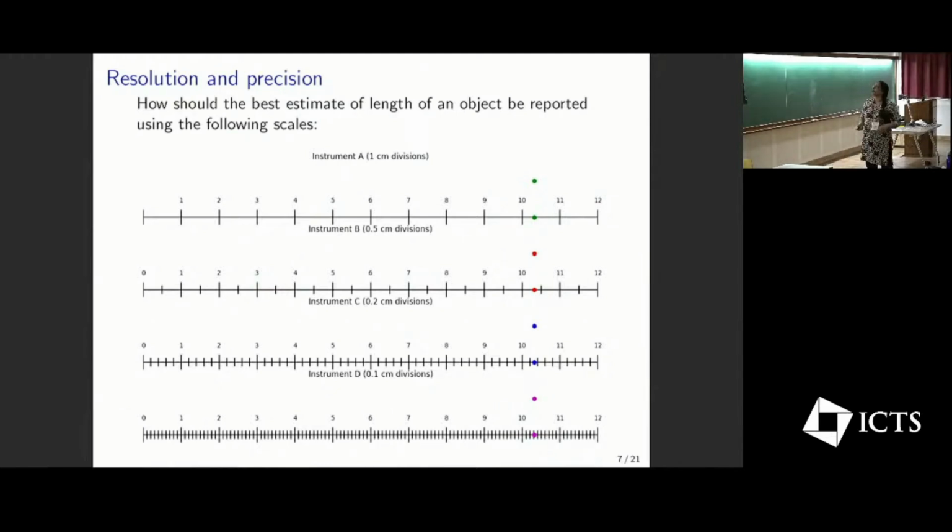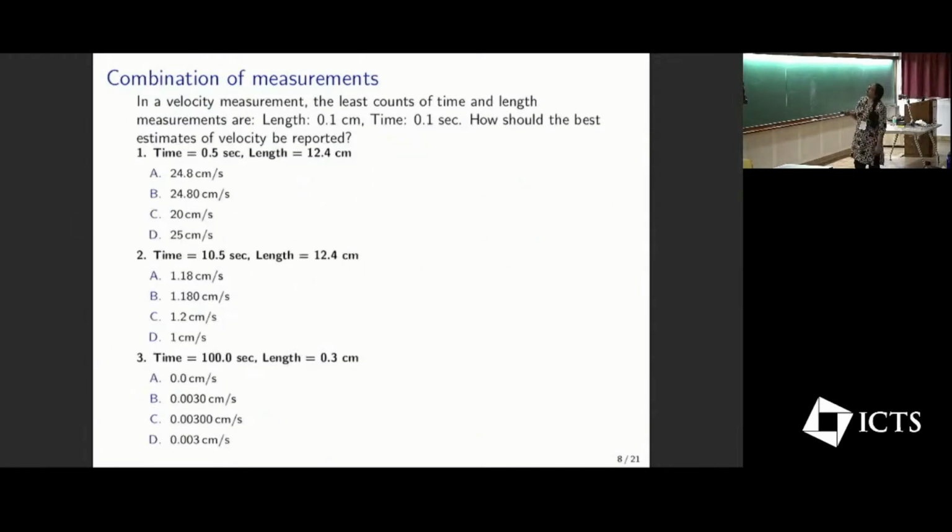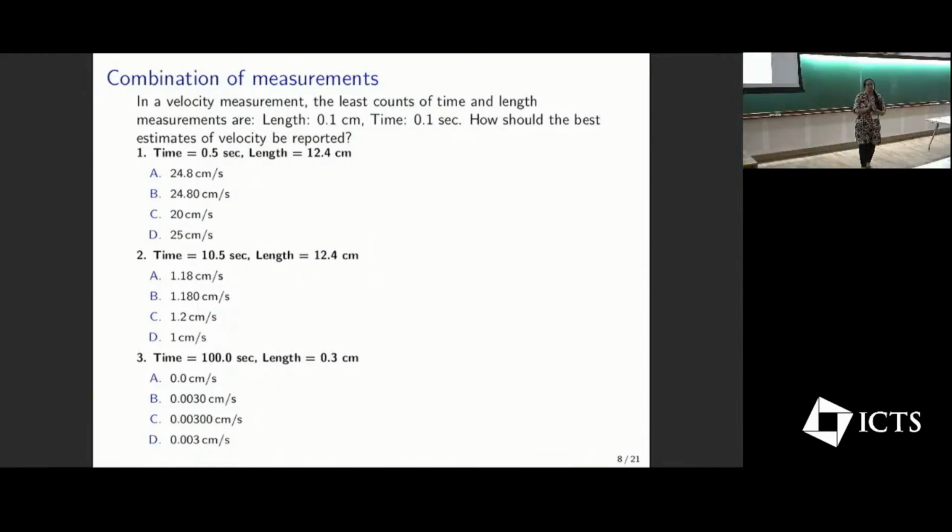So often we have these kinds of issues where, in an experiment, you have multiple measurements and you're trying to report some sort of number which comes from a combination of these different measurements. So let's take an example of a velocity measurement. In a velocity measurement, you have a stopwatch and you have some sort of scale, and maybe you're looking at an ant which is moving on the scale.